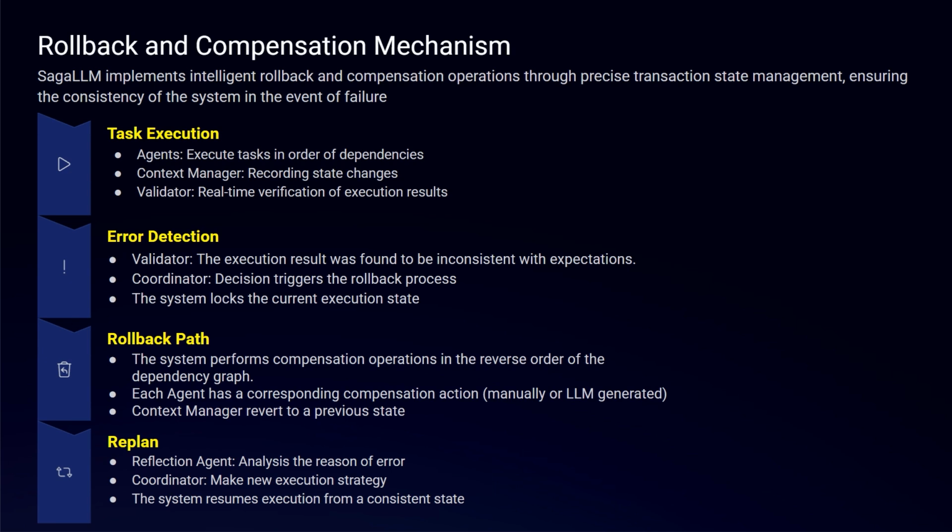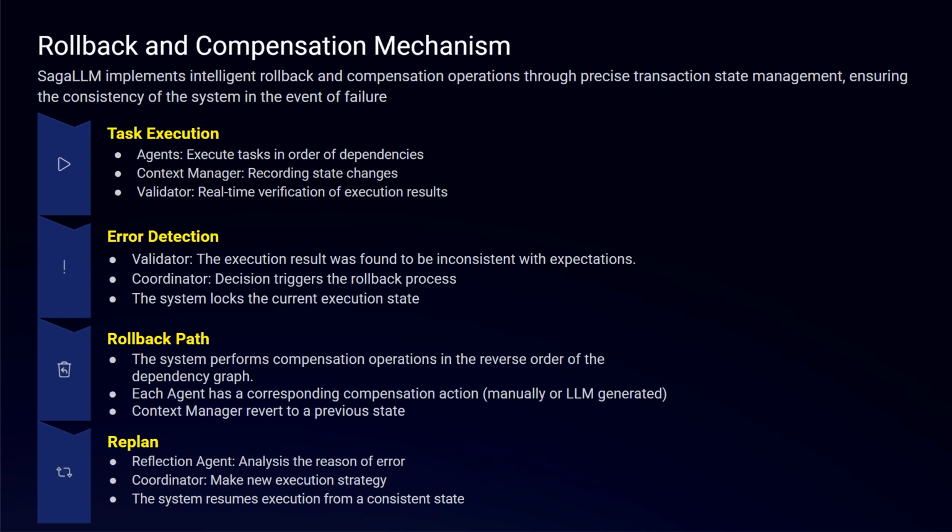For the rollback path, it performs the compensation operations in the reverse order of the dependency graph, which means that if a step cannot work, we need to go back to the previous step, and each agent has a corresponding compensation. It also has the replan part.